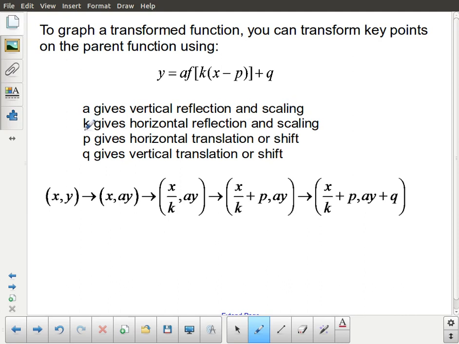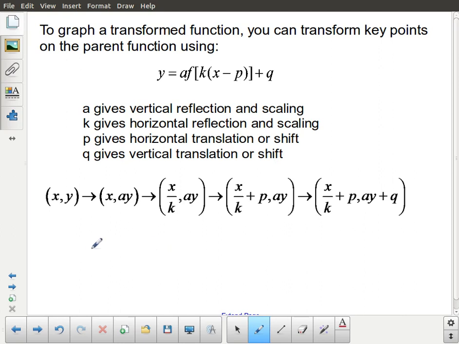K is a horizontal transformation. If k is negative, you have a reflection. Otherwise, if k is not equal to plus or minus 1, then you have some sort of scaling, stretch or compression. P tells you about a horizontal translation or shift to the left or right. Q tells you about a vertical translation or shift, which would be up or down.